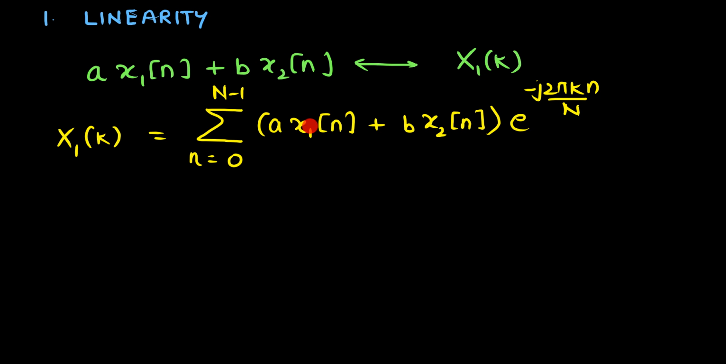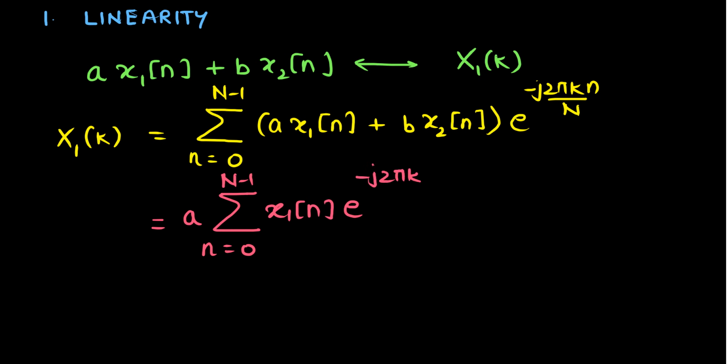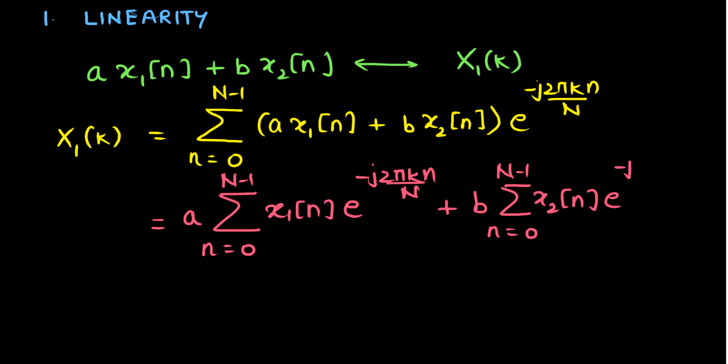So now we can just separate these two terms and we can write it as, this a is constant so it can be taken outside, a into summation n running from 0 to N minus 1 x1 of n multiplied by e to the power minus j 2 pi k n by N plus b into summation n running from 0 to N minus 1 x2 of n into e to the power minus j 2 pi k n by N. Now this summation here is the DFT for x1 of n, which is X1 of k, and this summation here is the DFT for x2 of n, that is X2 of k.